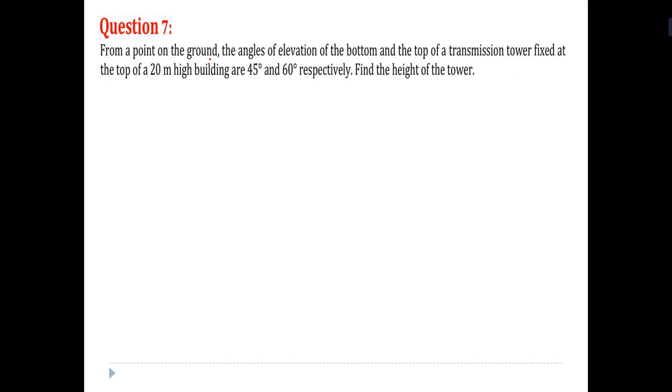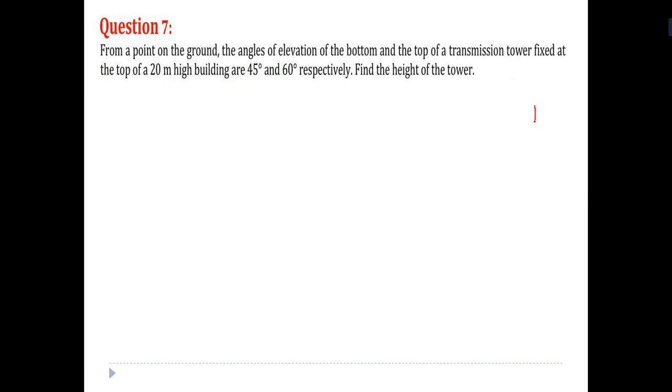From a point on the ground, the angle of elevation of the bottom and top of a transmission tower fixed at the top of a 20-meter high building are 45 and 60 degrees respectively.